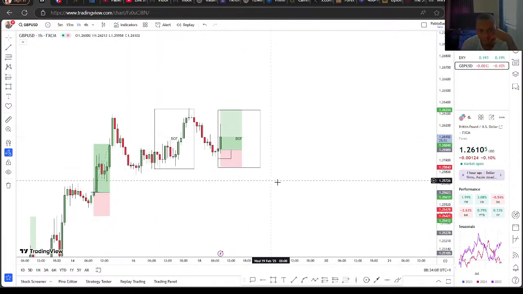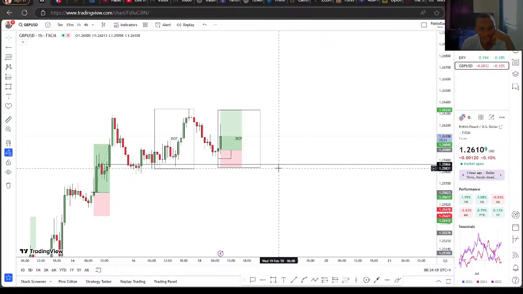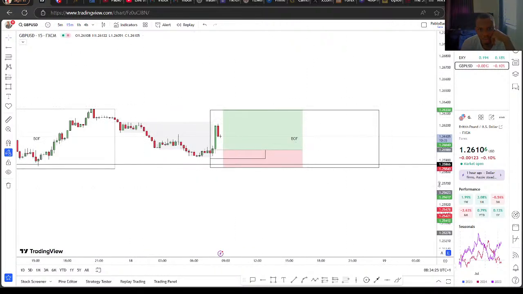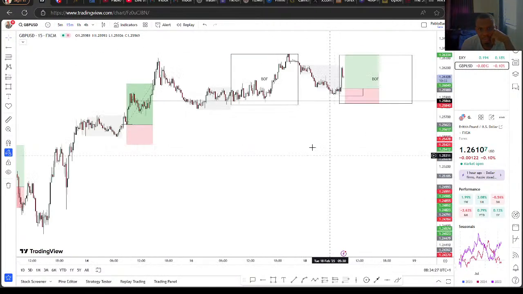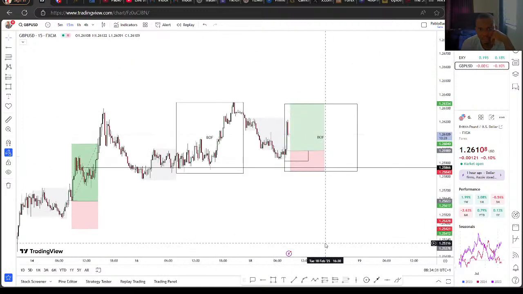It's very, very strong. Let me draw it as a line. This low, still holding. Very, very strong. If price breaks this low and closes below here, then we can start looking for possible shorts. At this moment, I'm still bullish until price takes out this high and closes with a candle.